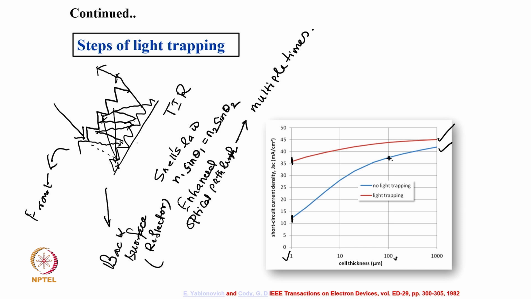Now for a 100 micrometer solar cell, without texturing your current is around 35 milliampere per centimeter square, and the current for the textured one is definitely higher. It is almost 42 to 43 milliampere per centimeter square.